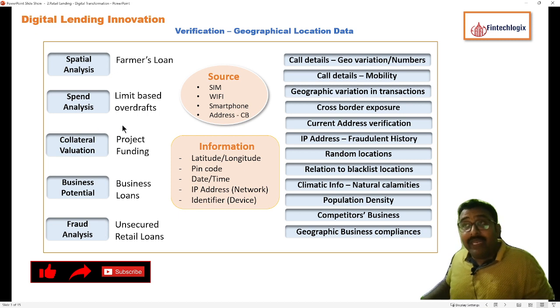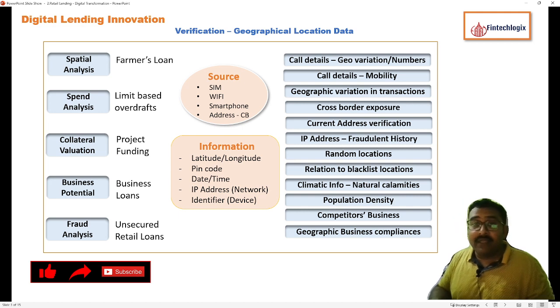Collateral valuation. Any kind of project funding that we do, it might be commercial real estate loans, or it might be loans for specific business purposes, collateral valuation is done.